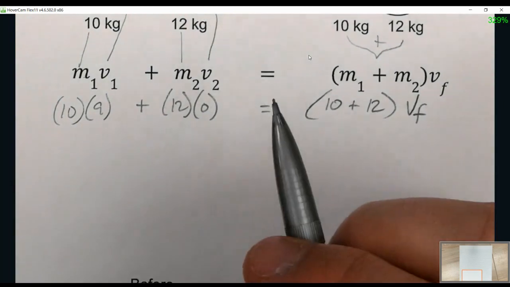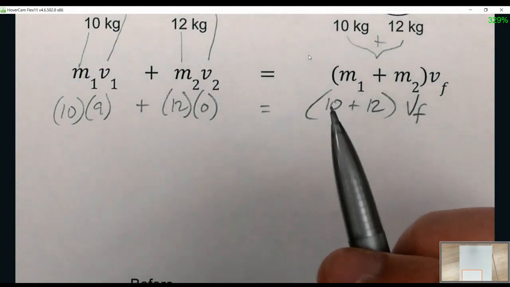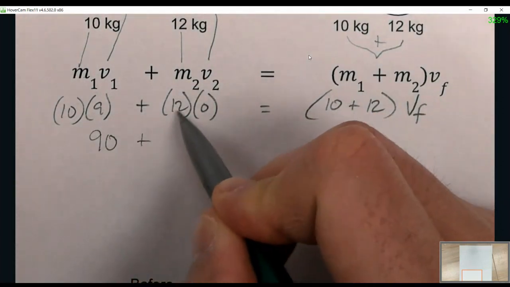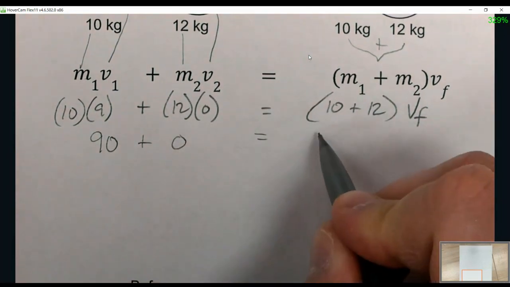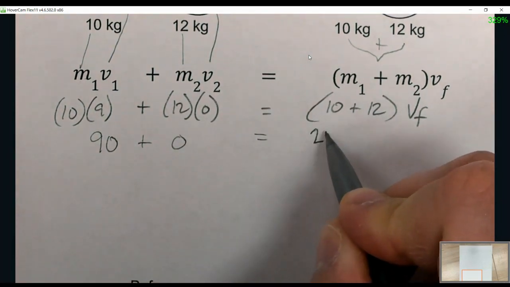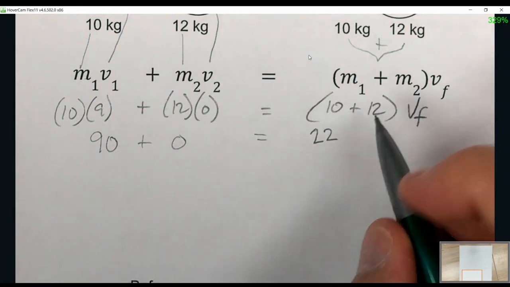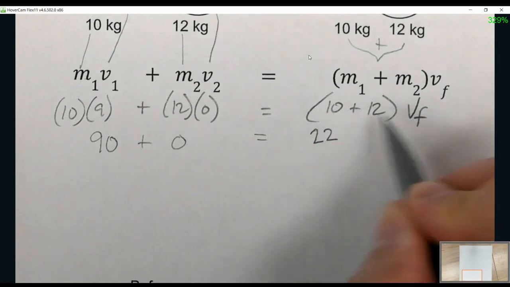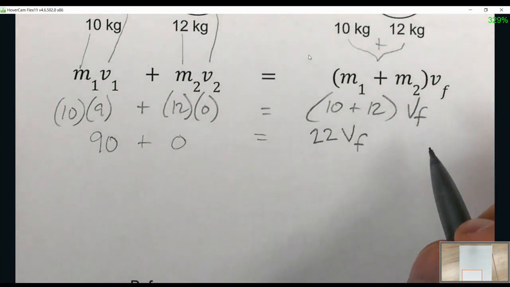So you're going to have 10 times 9, which is 90. Bring this down. Anything times 0 is 0. 10 plus 12 comes out to be 22, and whatever the answer of this side is, it's that times VF. So this is 22 VF.